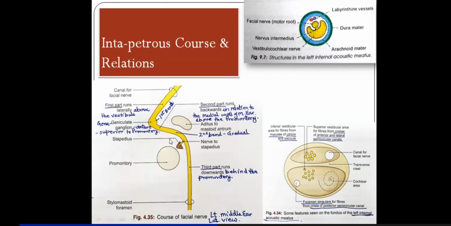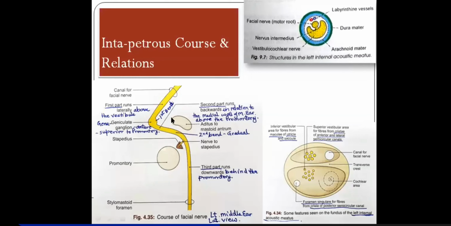And the second part runs between, because you know the middle ear cavity is divided into two parts. You have the proper tympanic cavity, which is opposite to the eardrum or the tympanic membrane, and you have a superior extension of this middle ear cavity, which is called the epitympanic recess, which lodges the ear ossicles. Through that, it has a communication to the mastoid portion also, called the aditus to the mastoid antrum.